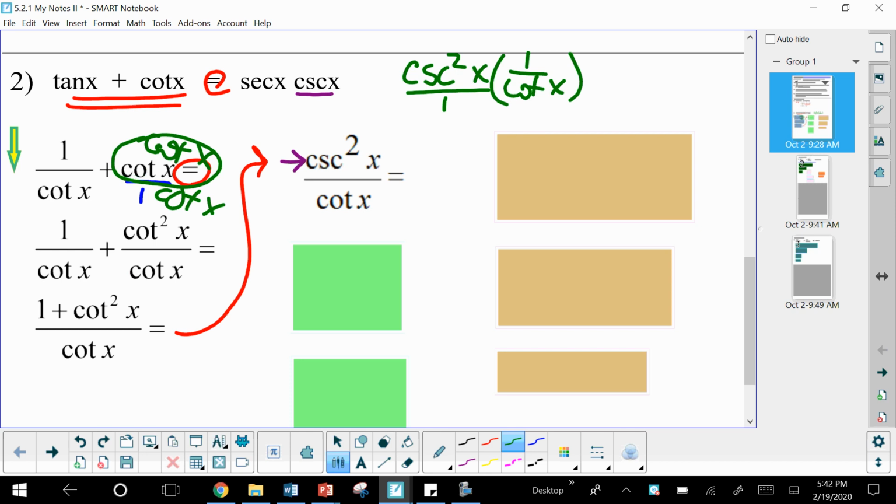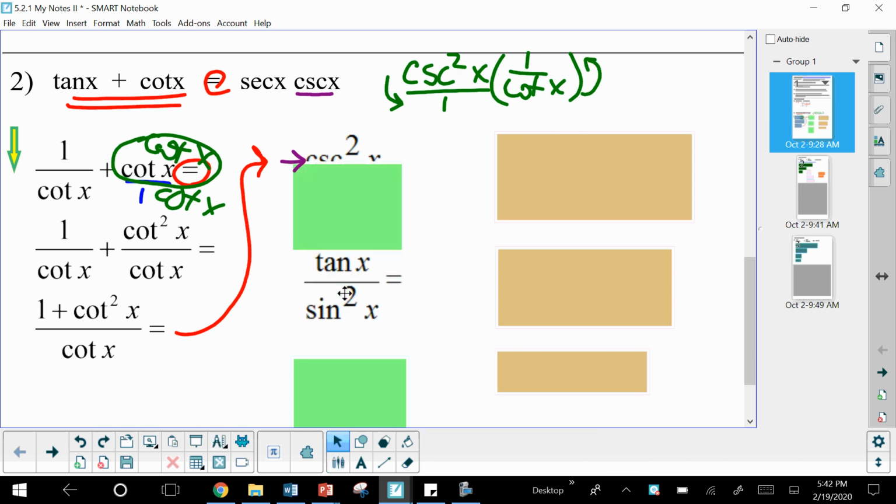So I'm going to actually flip this guy right here using the reciprocal rule, and I'm going to use the reciprocal rule on this part too. So when I do that, I end up with tangent x over sine squared x. Now that might not be a comfortable move for you, but you're just going to have to get used to practicing them and get an eraser.